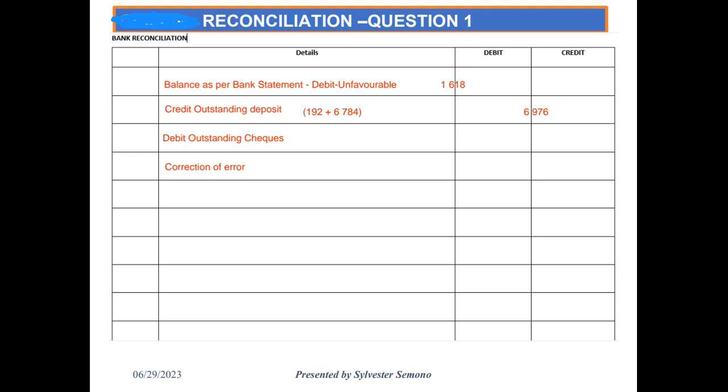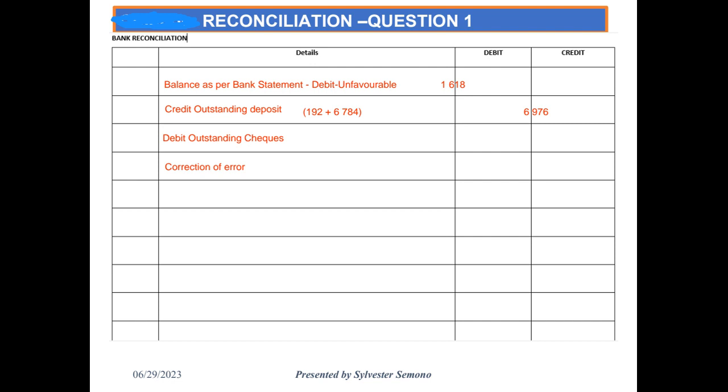So yes, now you can give me what you wanted to give me. Balance as per bank statement. Balance as per bank account, sorry. Yes, you must go to that bank account.